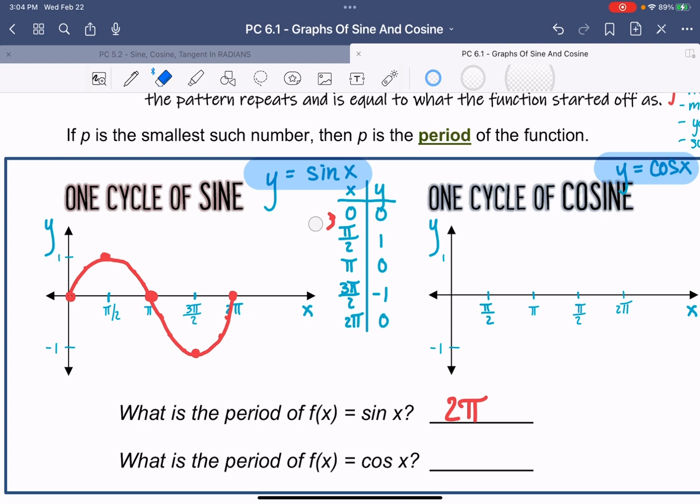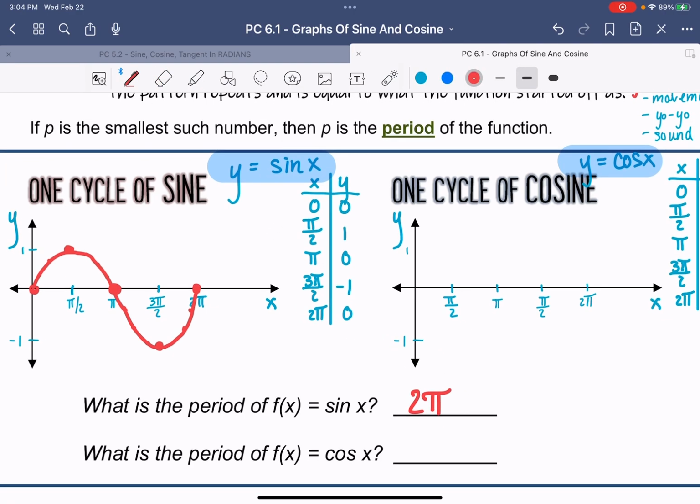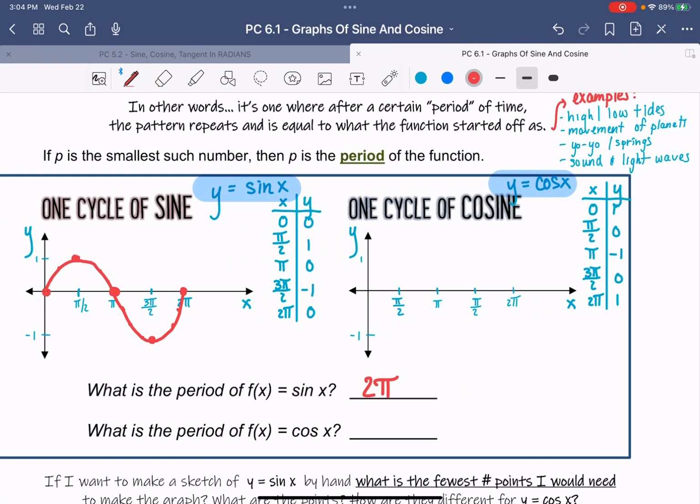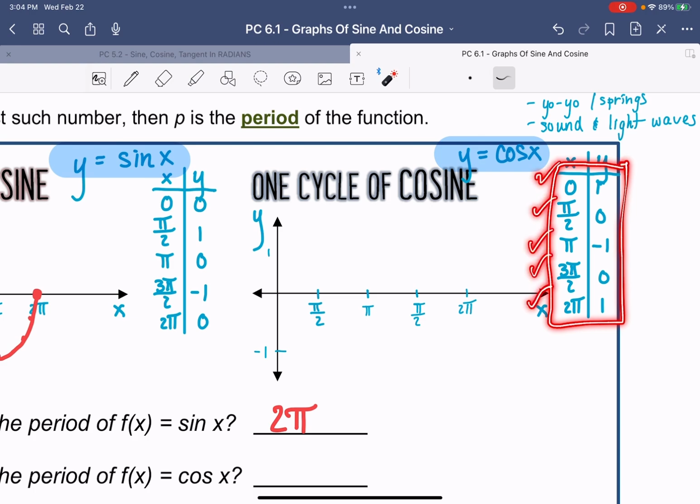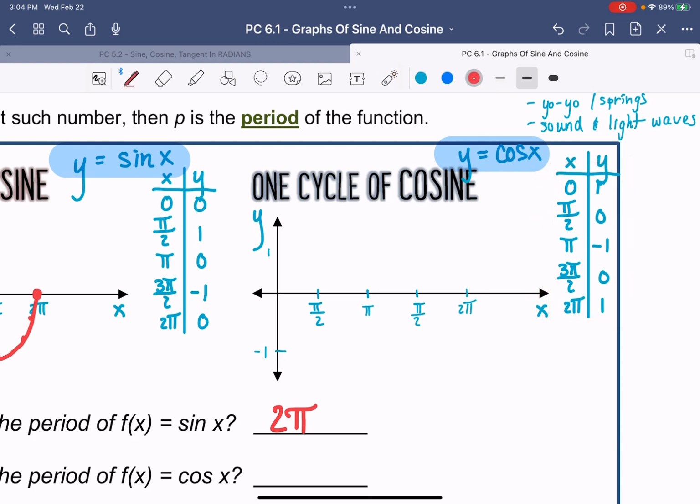All right. So we can do the same thing with one cycle of cosine. And here I've pre-filled the x coordinates on the unit circle with respect to the inputs or the angles. Use this different color. So at 0, we're actually going to be starting up at 1 at a high point.